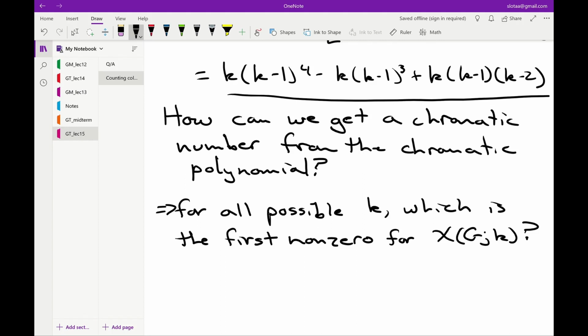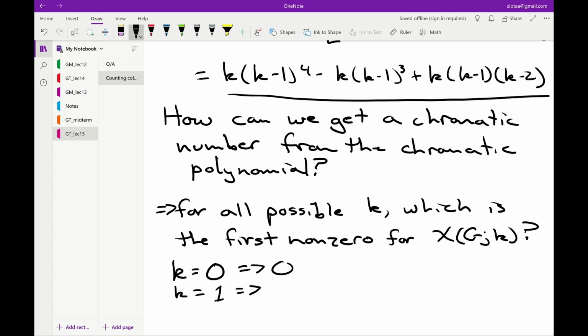If we consider the chromatic polynomial itself and try to solve for k equal to 0, obviously 0 times (0 minus 1) to the 4 is just 0, minus 0, plus 0. So obviously 0, and we know we can't color a graph with 0 colors anyway, so that's pretty trivial. But what about for 1?